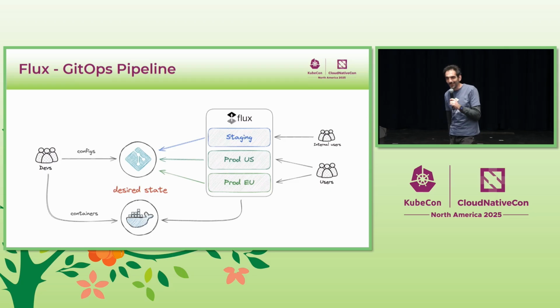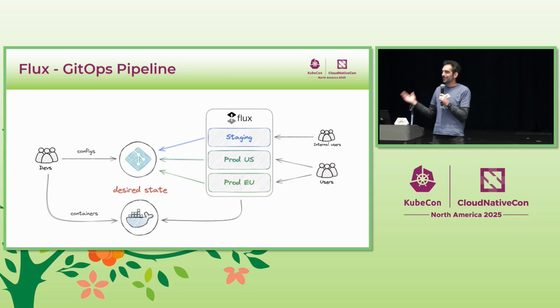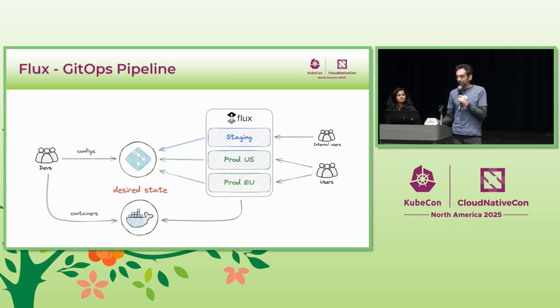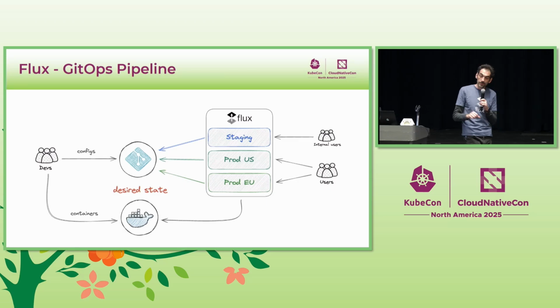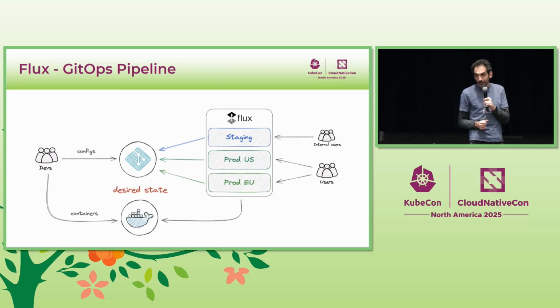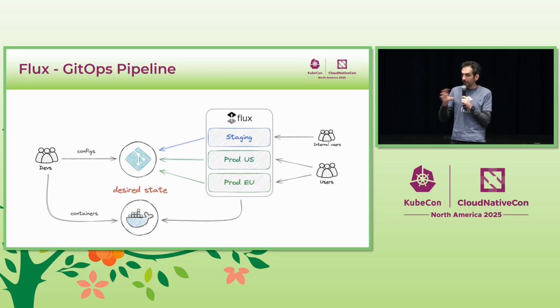Hopefully you are not allowing your users to do that, but let's say they do. Even if Git is down, Flux will still reconcile and put back the deployment. Why? Because source controller has this cache, if you want, of all these artifacts. So this was the first implementation.